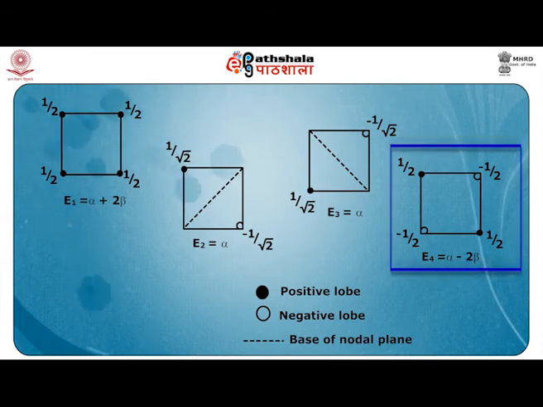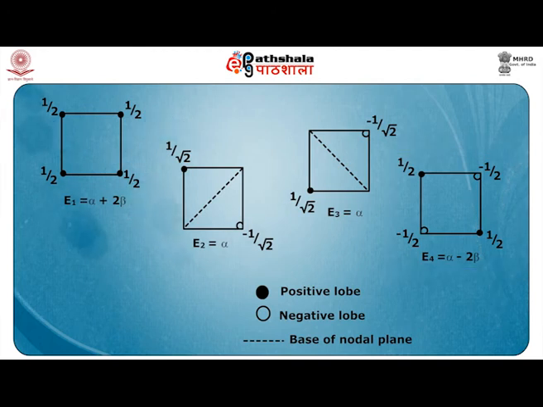Whereas for the 4th energy level with energy equal to alpha minus 2 beta, we have 2 lobes positive and 2 lobes negative in the same molecular orbital. So positive or negative will depend ultimately upon the sign of the coefficient, that you notice very well. So this is the pictorial representation of the 4 Huckel molecular orbitals for cyclobutadiene.